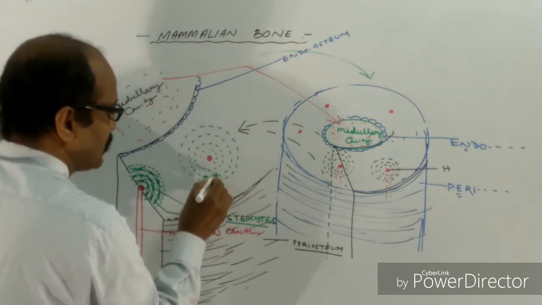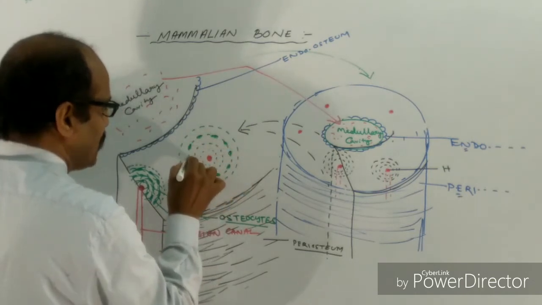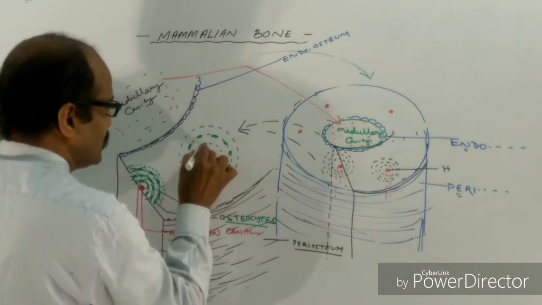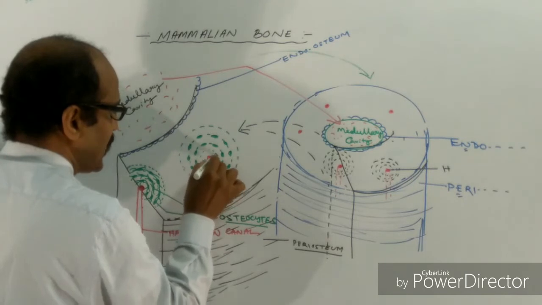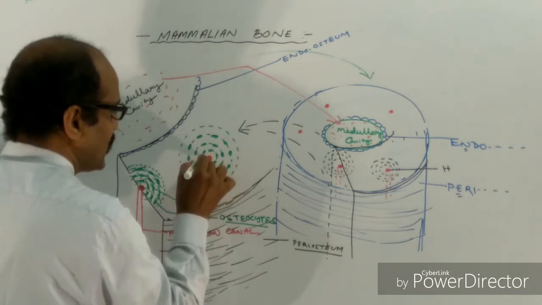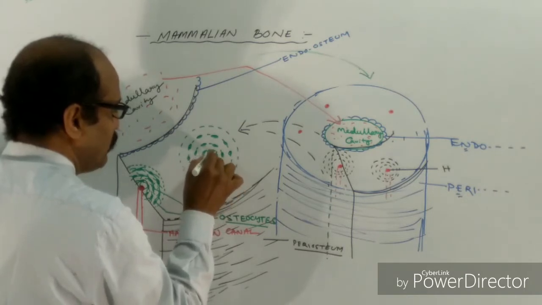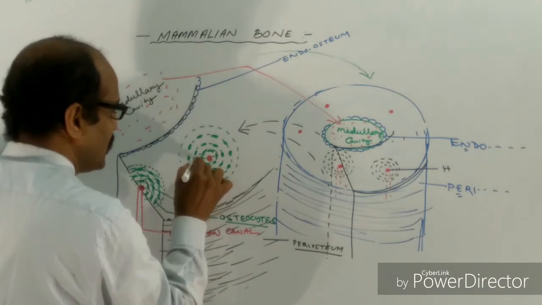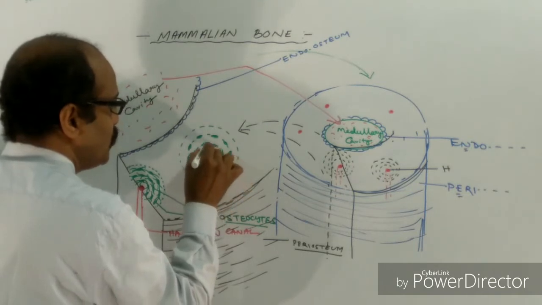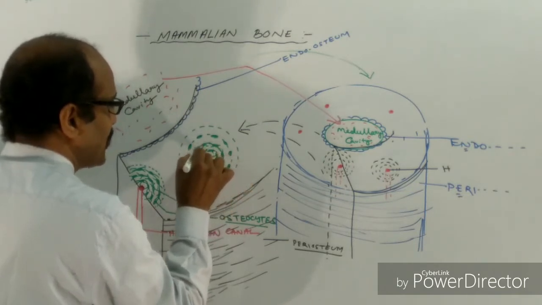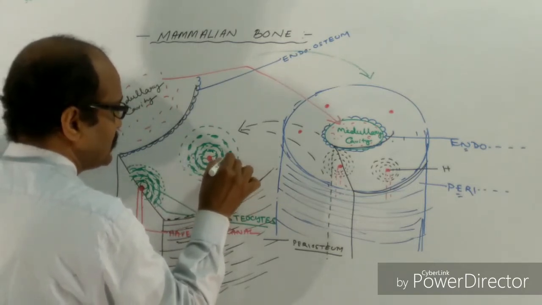Such bone cells have the canaliculi, and such canaliculi communicate to the Haversian Canal, through which the osteocyte cells exchange the chemicals. So these are the bone cells arranged like this in a concentric manner.